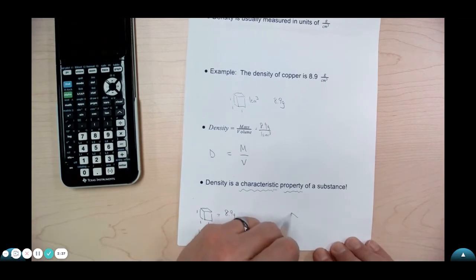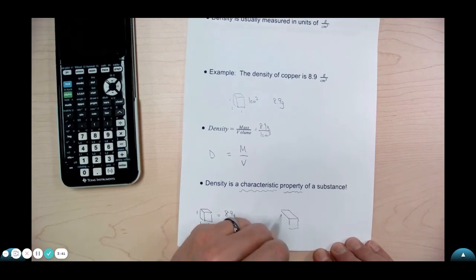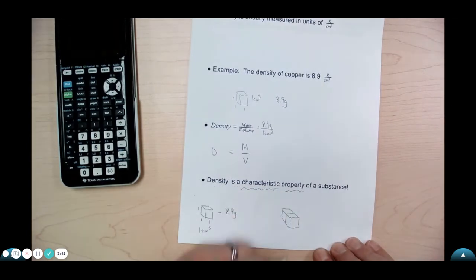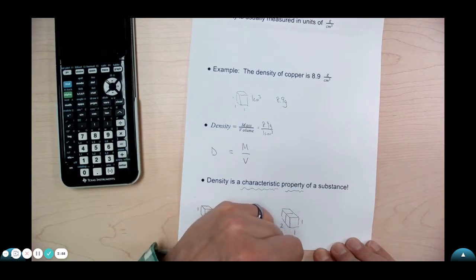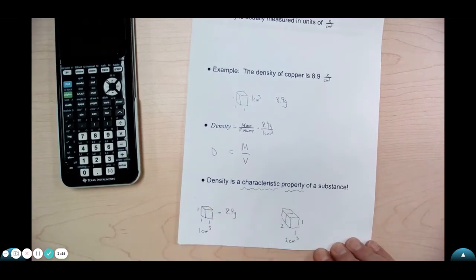For instance, what if you had a piece of copper that were twice the size? I'm not an artist. So you've got 1 centimeter wide, 1 centimeter high, but this one is 2 centimeters deep. This would have a volume of 2 cubic centimeters. It's exactly twice the size of this one.